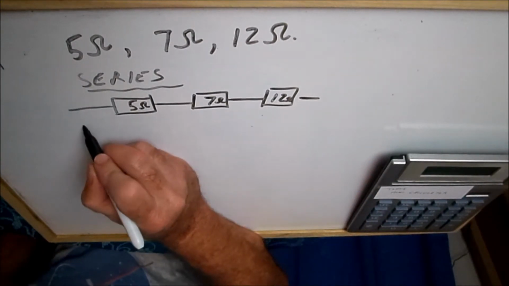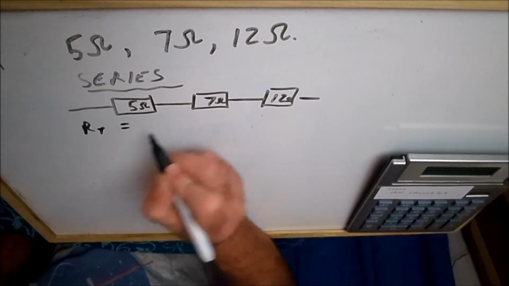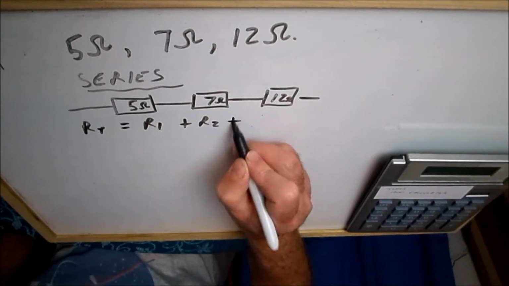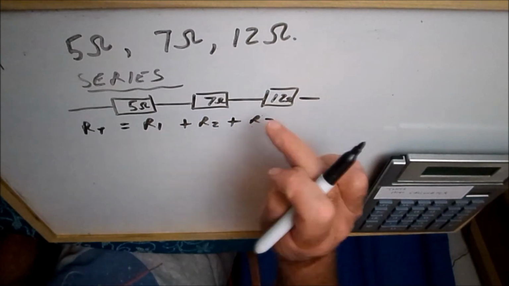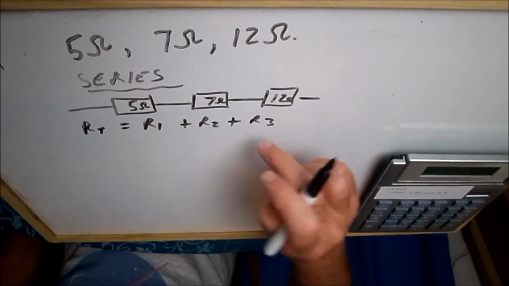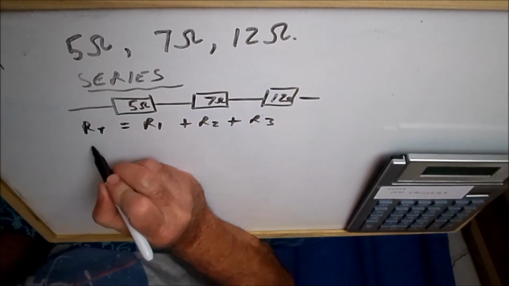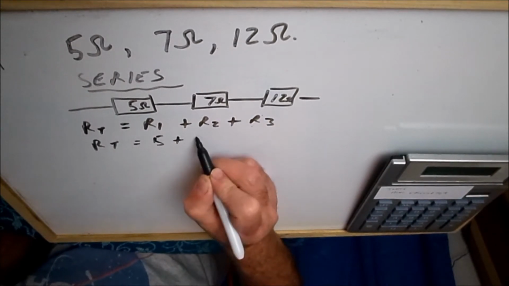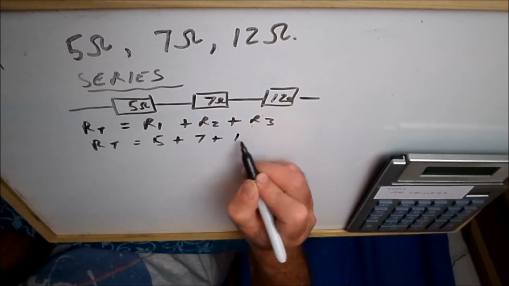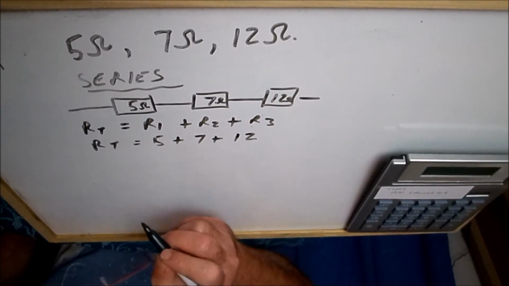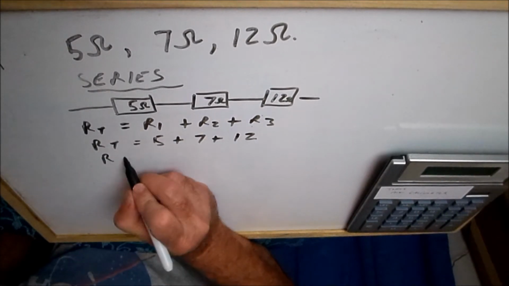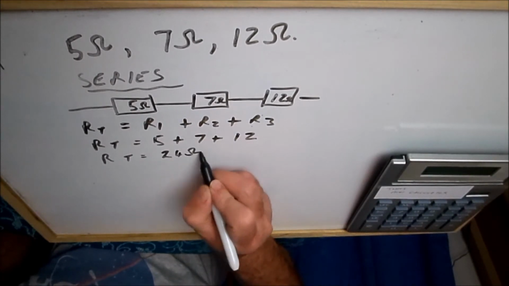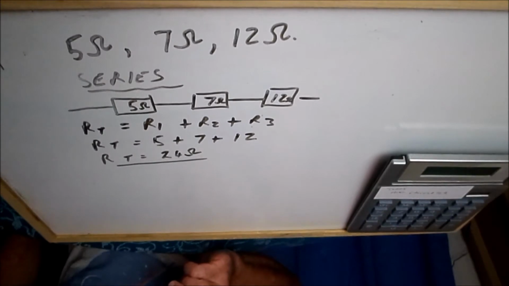And we know that RT is going to equal R1 plus R2 plus R3. Doesn't matter which resistors are R1, R2 and R3, but we'll just go up like that. So we can say RT is equal to 5 plus 7 plus 12. So that would give me a resistance total of 24 ohms, just adding these together.